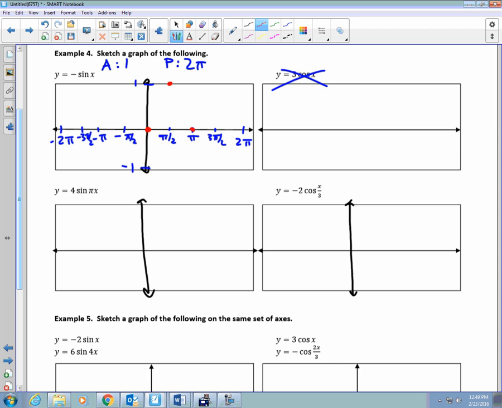It has to cross over 0. And after that, it's going to go all the way down to negative 1. And after that, it'll come back up to 0. And then you can do the reverse fashion the other way.